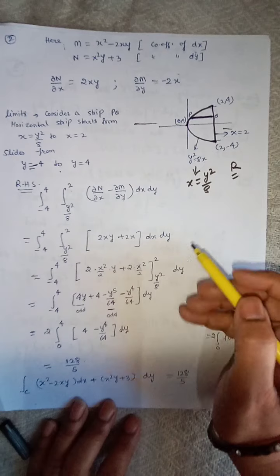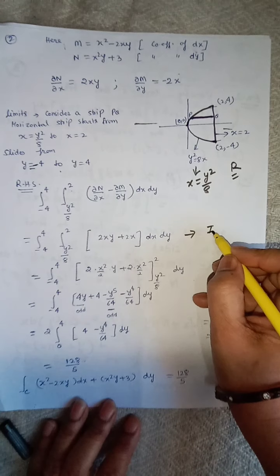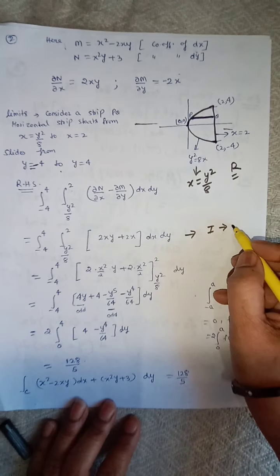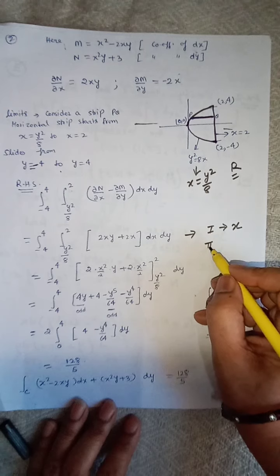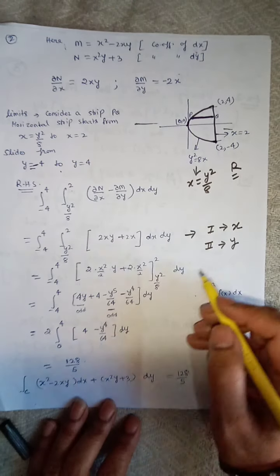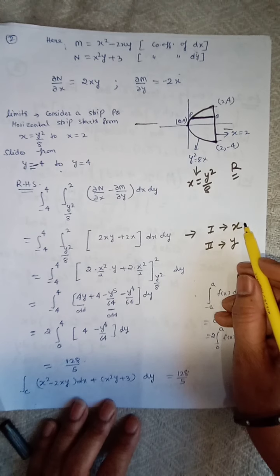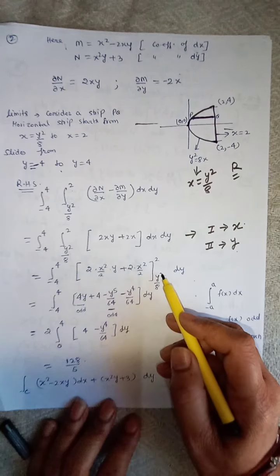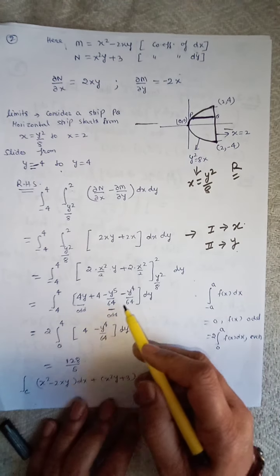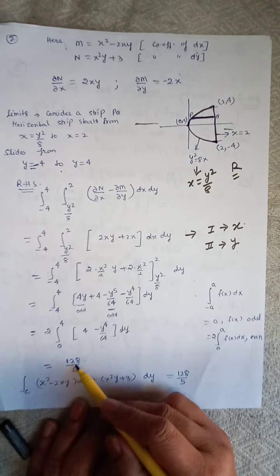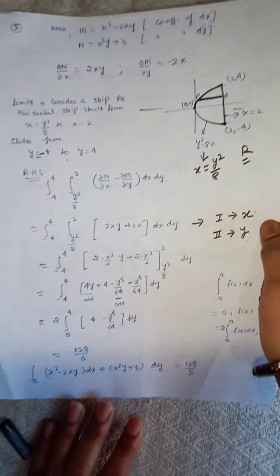Now here first we integrate with respect to x, because it is a horizontal strip. Since we take a horizontal strip, first we integrate with respect to x and the resulting expression will be integrated second time with respect to y. So here the order of integration is first x then y. First we integrate with respect to x, then we integrate with respect to y and solve. We get the answer 128 by 5.